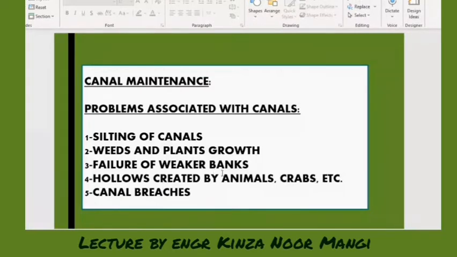Seepage will cause weakness in the banks and failure can be caused.